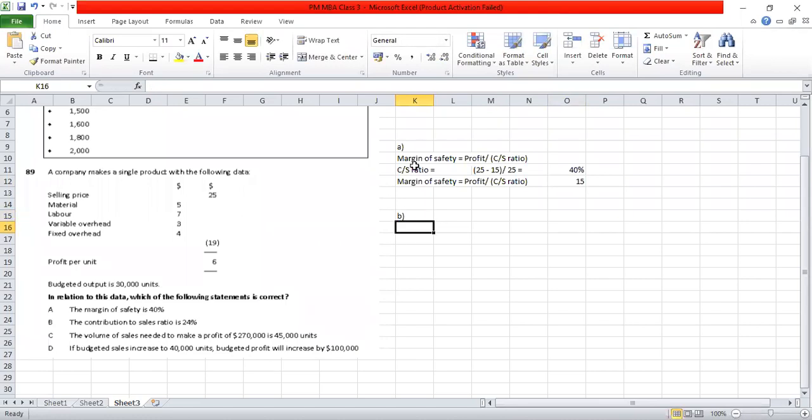That is also wrong. Contribution to sales is 40%. So B is also wrong. Contribution by sales ratio is equal to 40%.